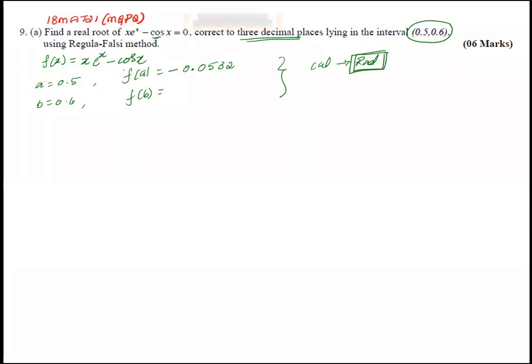So 0.5 into e power 0.5 minus cos of 0.5 radians. Similarly 0.6 into e power 0.6 minus cos of 0.6 radians. You will get the answer as 0.2679.